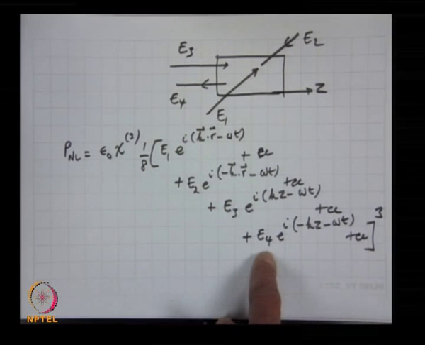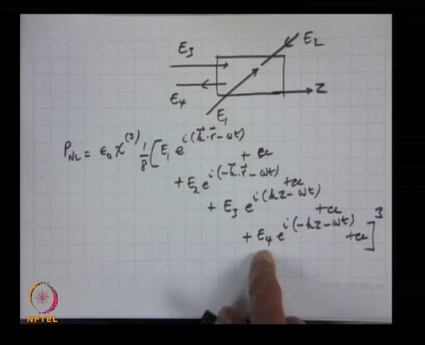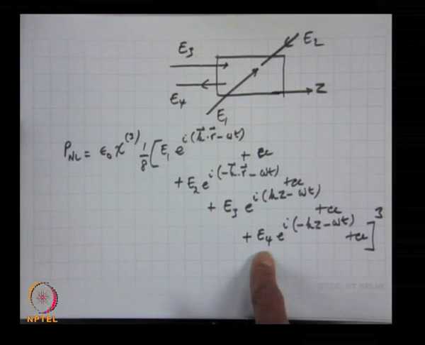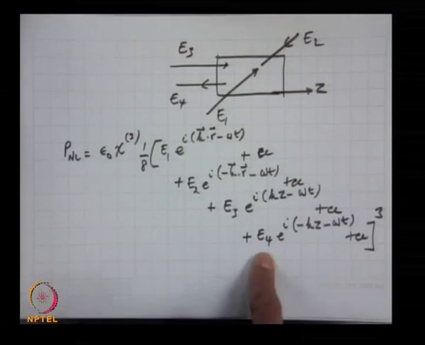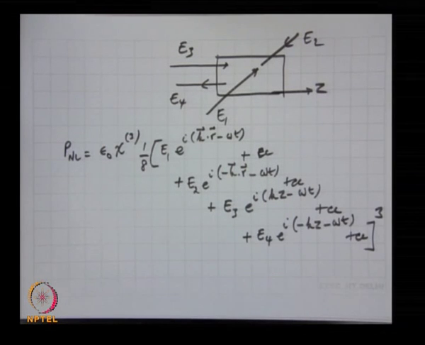So from here what I need to get is an expression for the nonlinear polarization corresponding to E3 and corresponding to E4 fields. That is, what is the nonlinear polarization that will generate the wave going along the E3 direction, and what will be the nonlinear polarization corresponding to the E4 electric field direction.